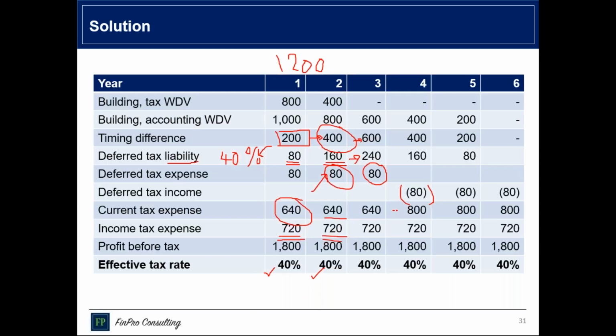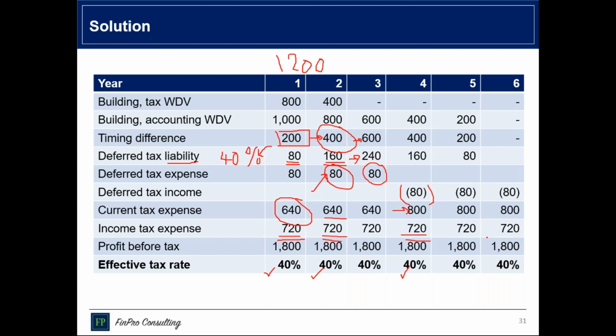So your current tax is 800, your deferred tax income is 80 rupees, thereby my total income tax, which is nothing but current plus deferred tax, is again 720, thereby resulting in an effective tax rate of 40%. So this difference will go on reducing. Whatever liability that I have created will go on decreasing.